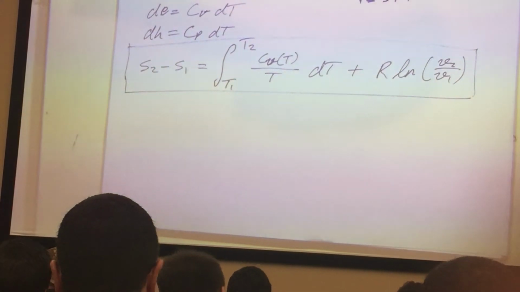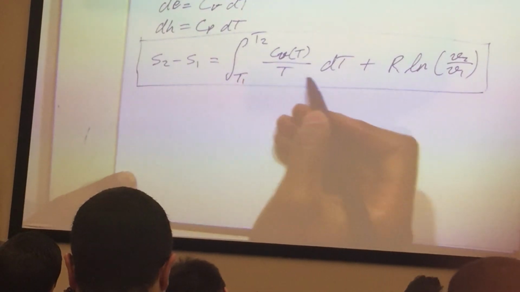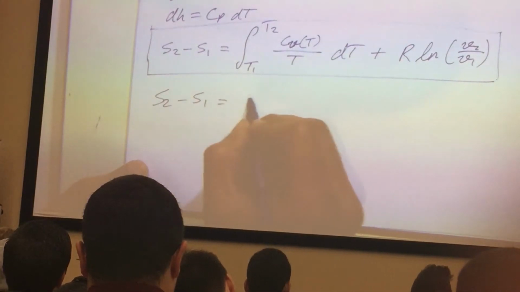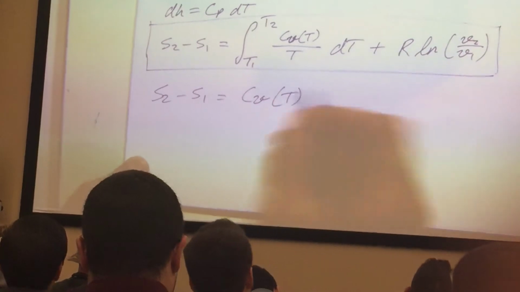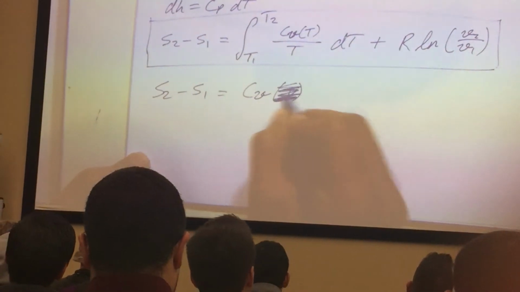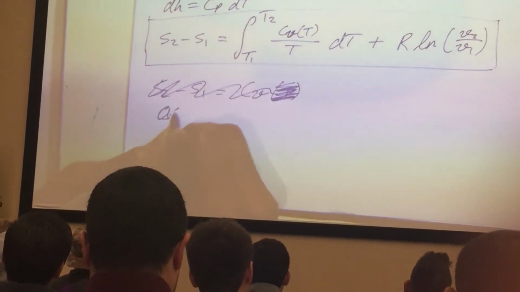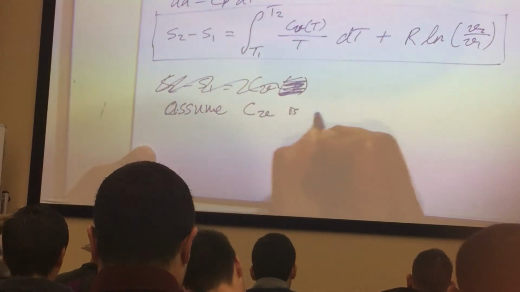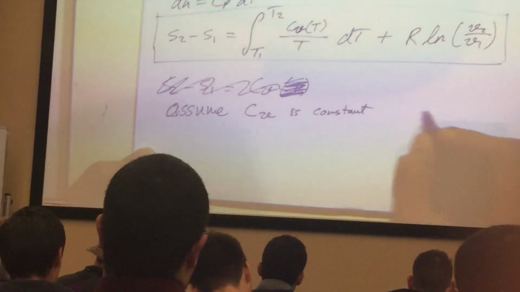Okay, so from this, I could just get the integral, which is 1 over T, and just have it in a natural log-like form. Assume Cv is constant, not a function of temperature.